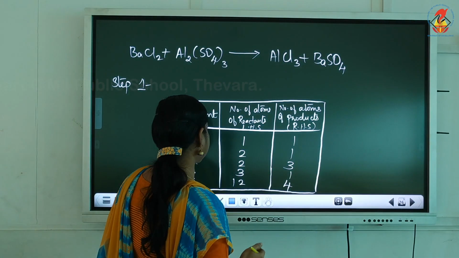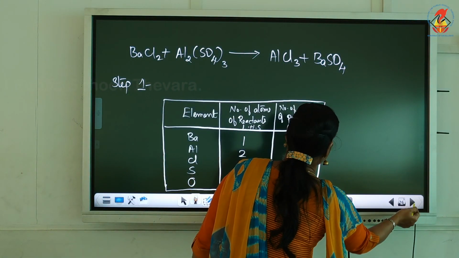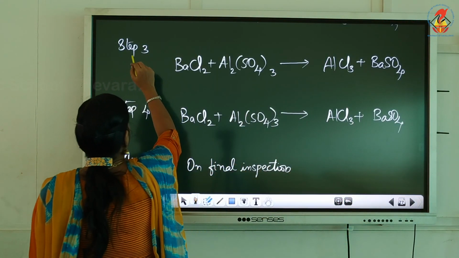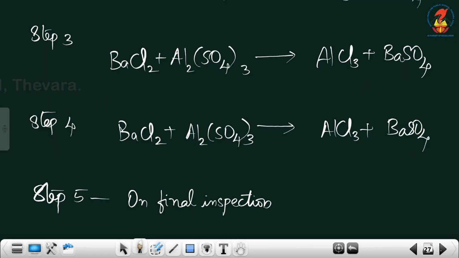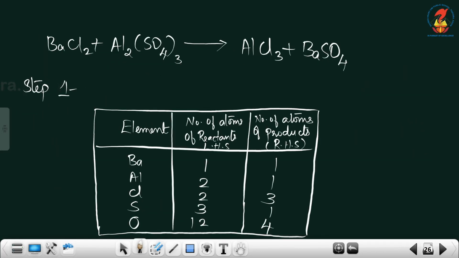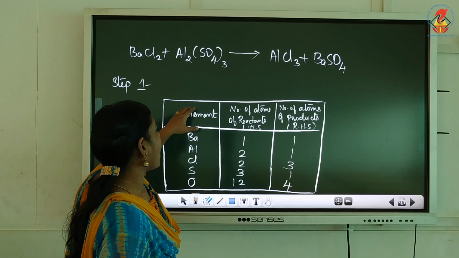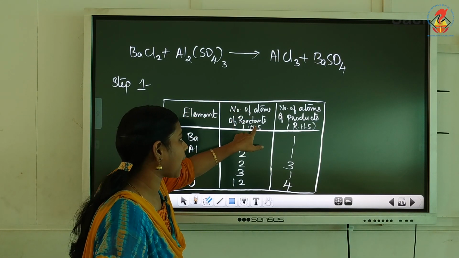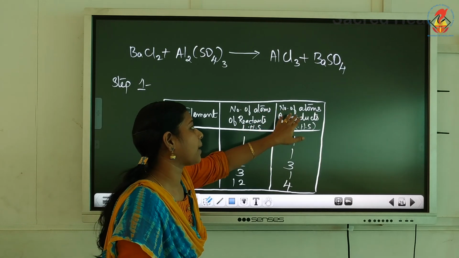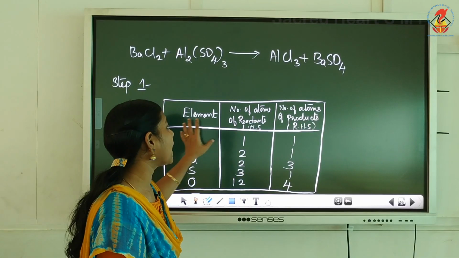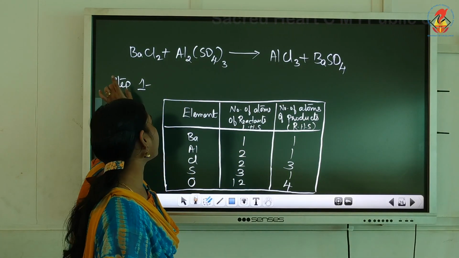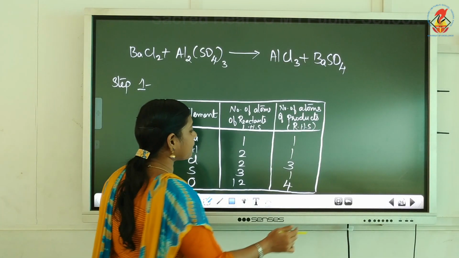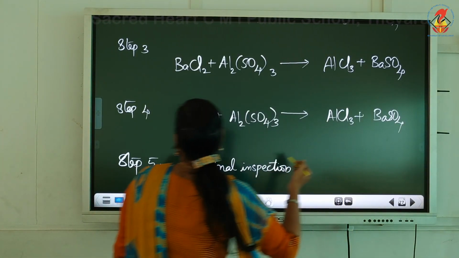We can see in the next step what is happening there. In the first step, we have to draw a table, writing the element, the number of atoms of reactants on the left side and the number of atoms of products on the right side. Then we proceed with the next step.